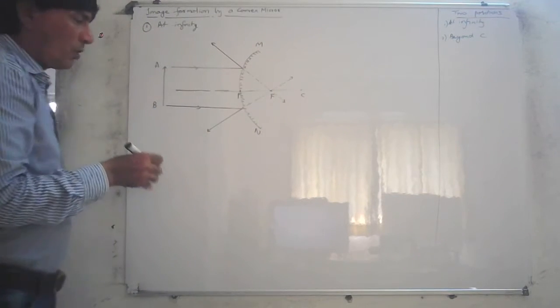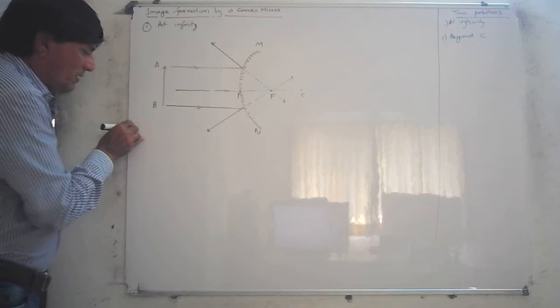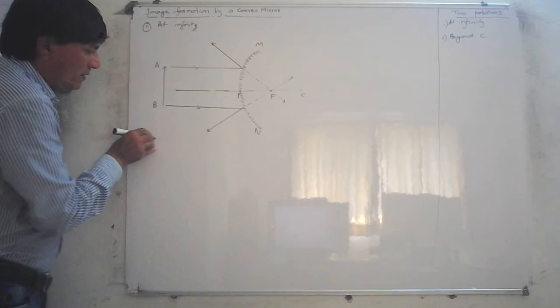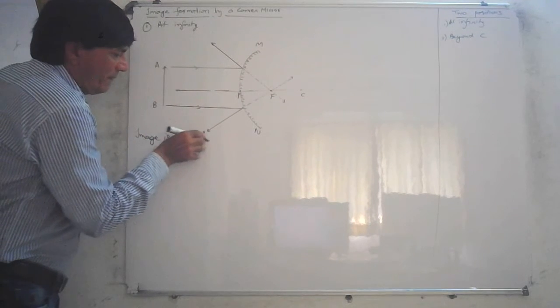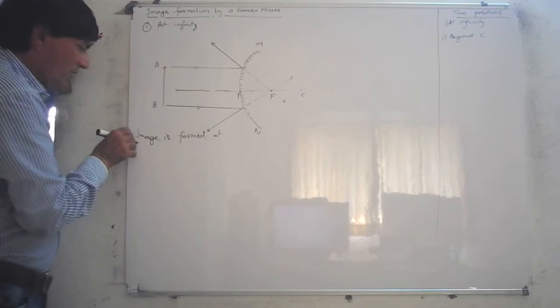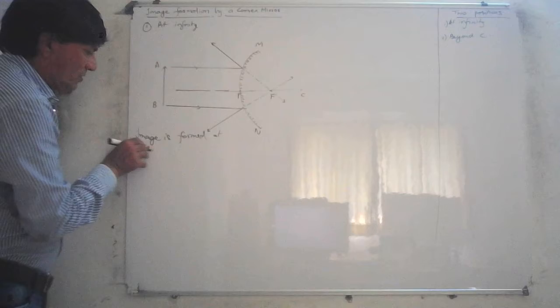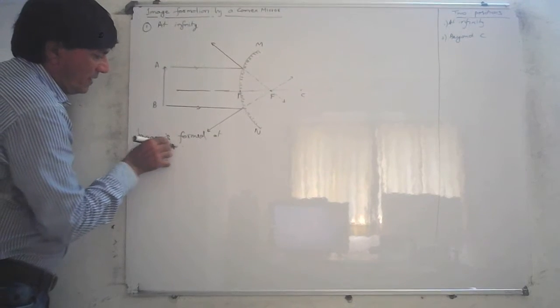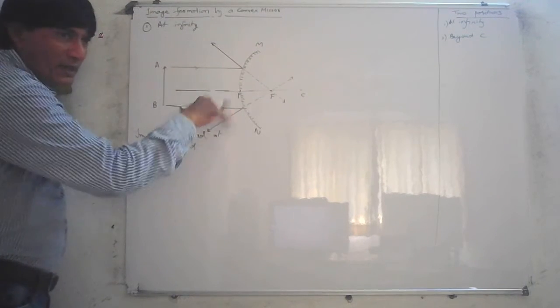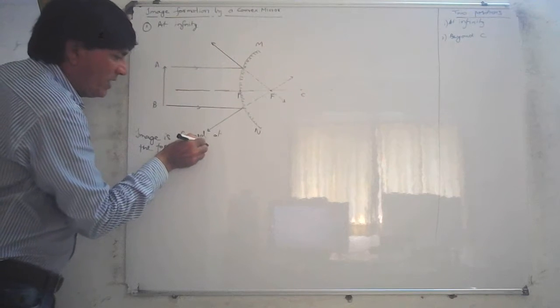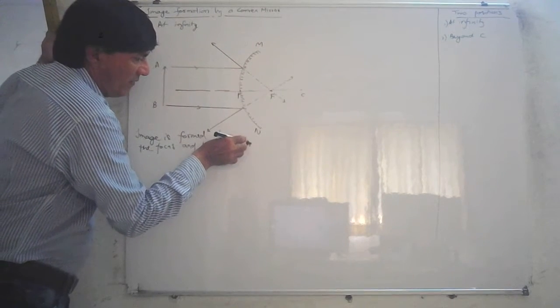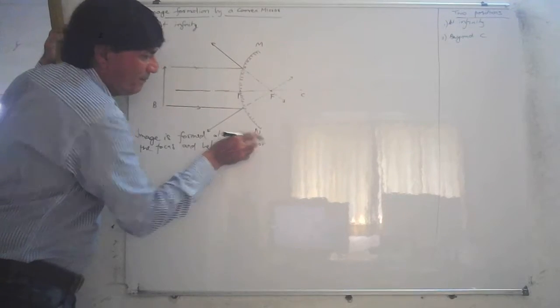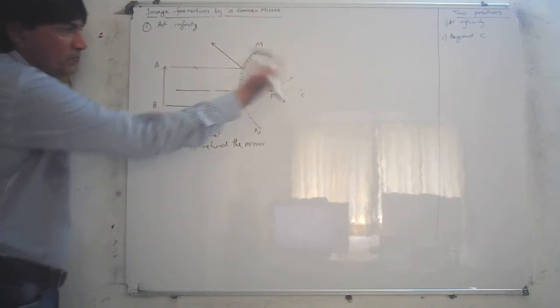So, what will I write about the image? Image is formed at the focus, and remember it is behind the mirror. This is in front of the mirror, this is behind the mirror.